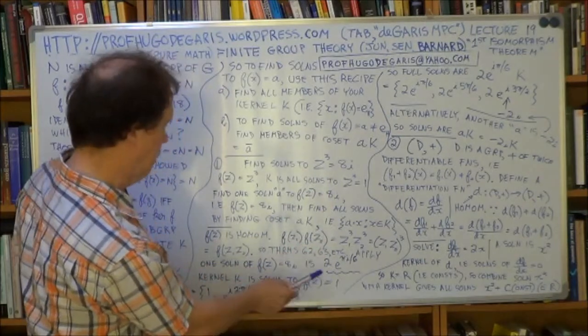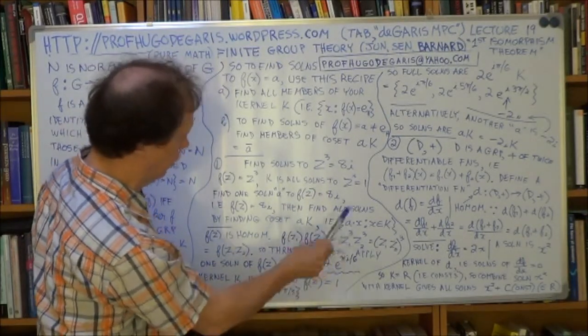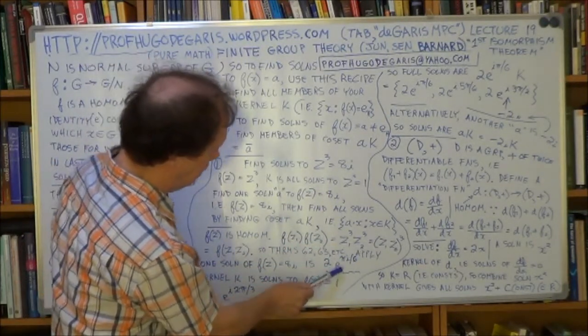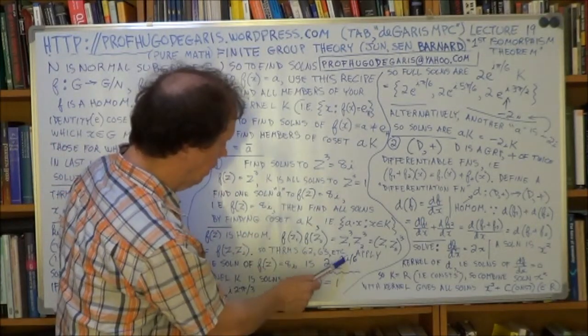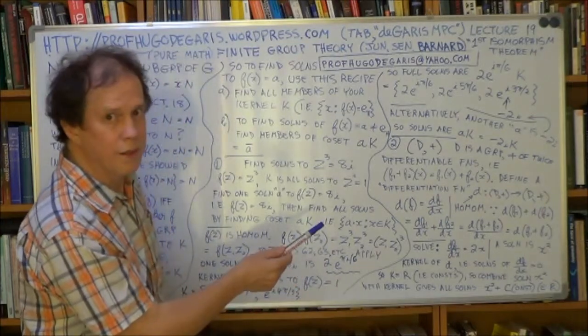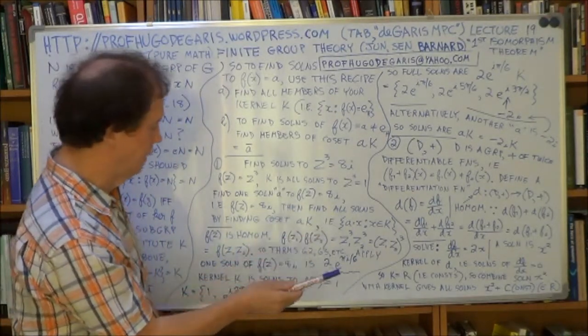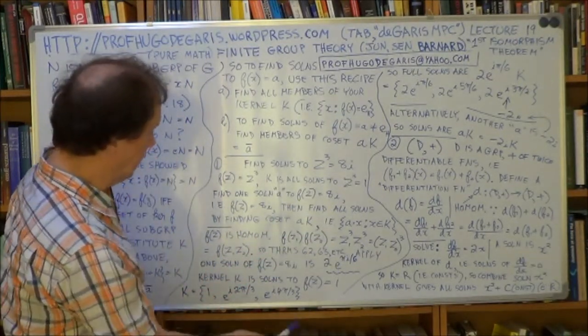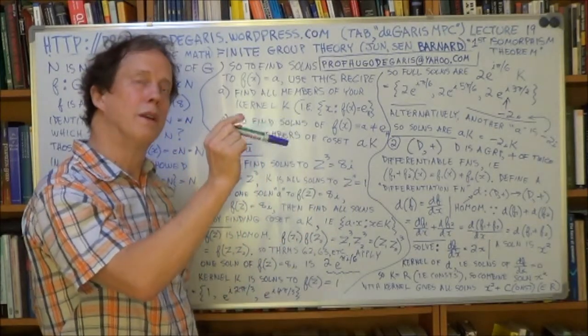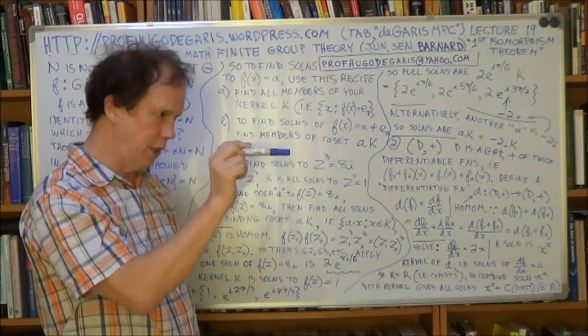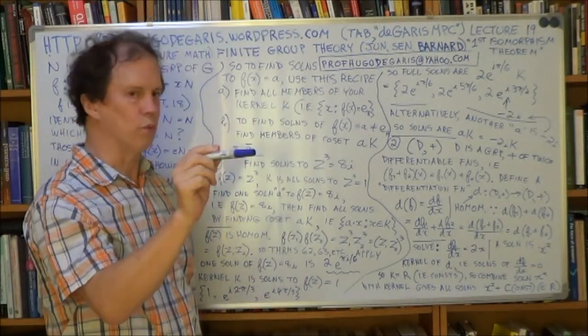Well, one solution is just 2 times e to the power pi i over 6, because if you cube that you get 8i. Where did that come from? Well, you know the famous Euler formula, e to the pi i equals -1.